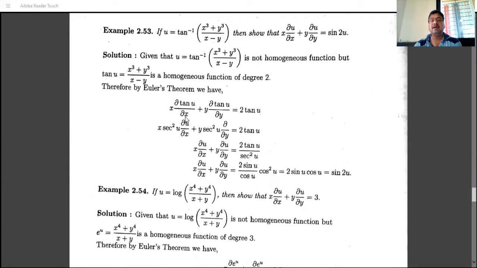x ∂/∂x of this tan u, either denote this tan u by z, as in the previous lecture we observed, denote tan u as z, and then x ∂z/∂x plus y ∂z/∂y is equal to n z, that is 2z.